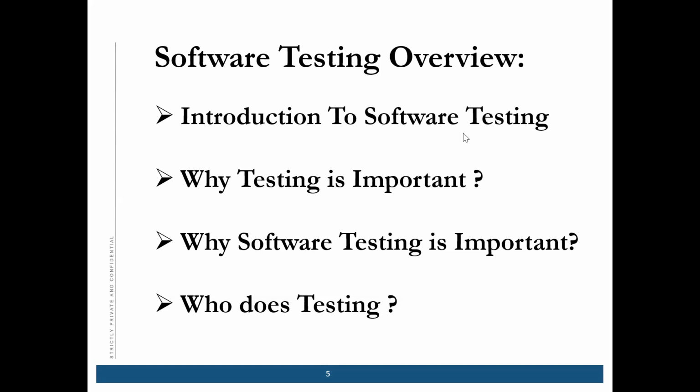Because the customer wants only good quality work, and that's why testers come into the picture. So the main aim of a tester is to deliver whatever the customer wants. Okay, why testing is important?